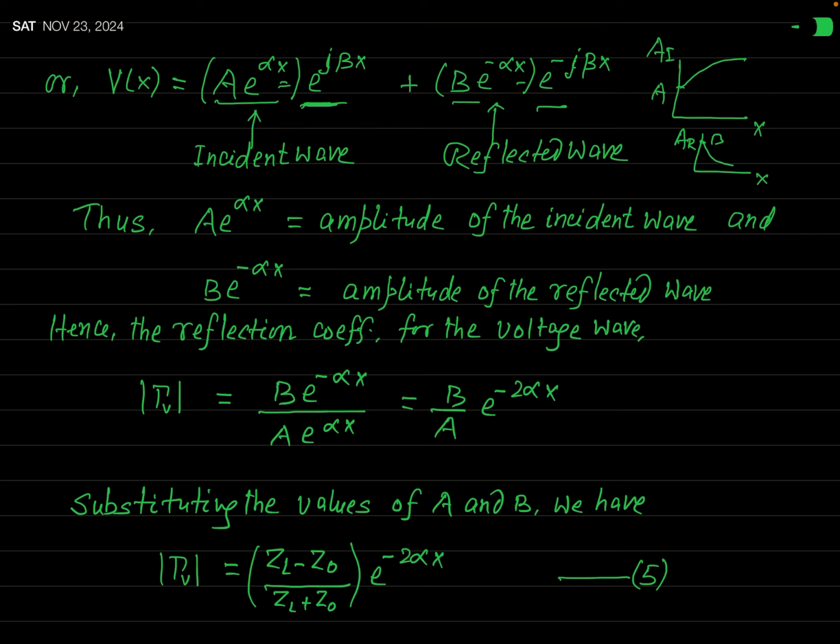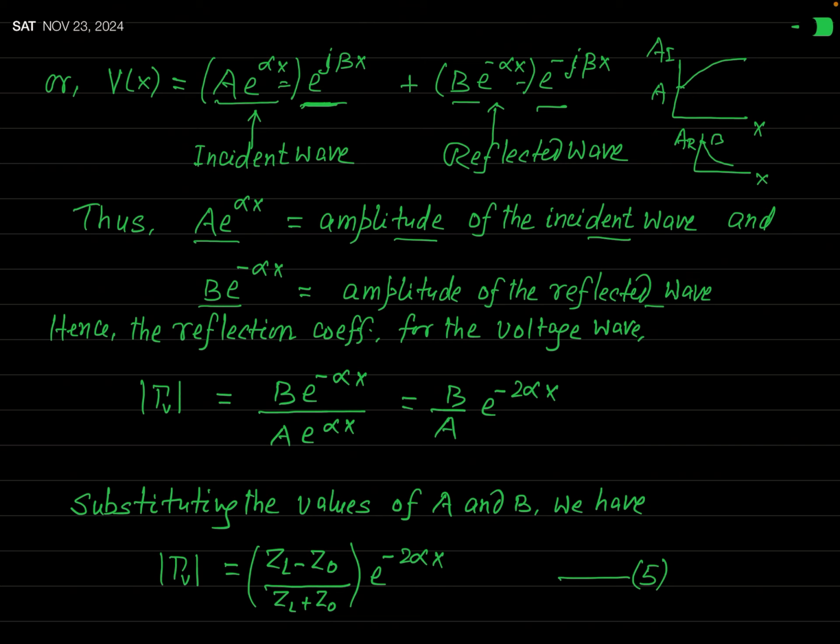So this is attenuation, and therefore alpha is called the attenuation constant. I have mentioned it here. You can see that A times e to the power alpha x is called the amplitude of the incident wave, and B times e to the power minus alpha x is the amplitude of the reflected wave.